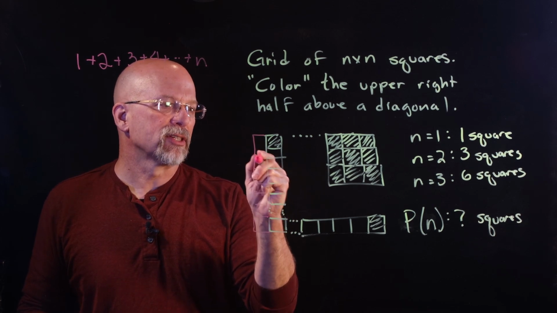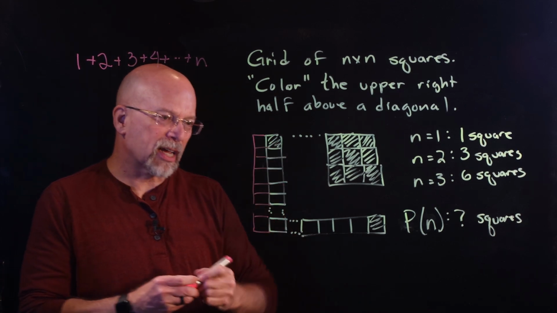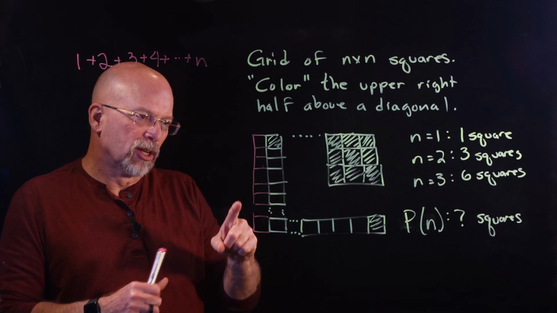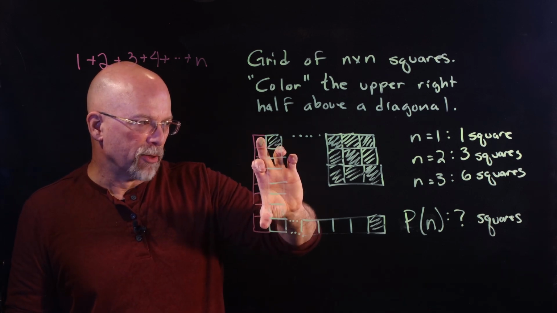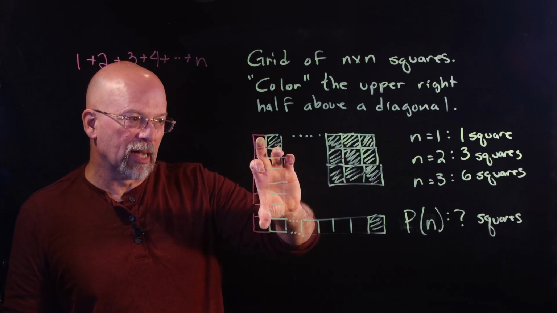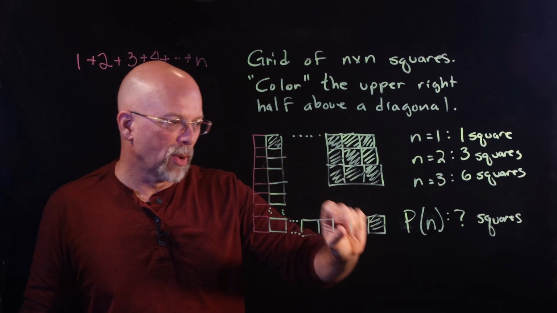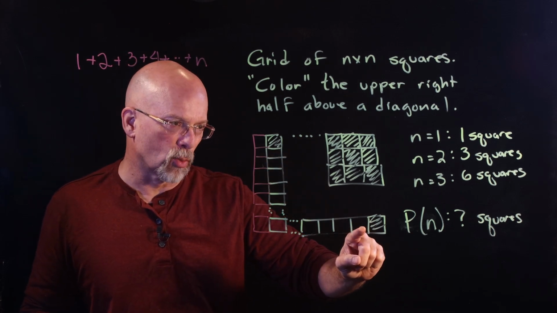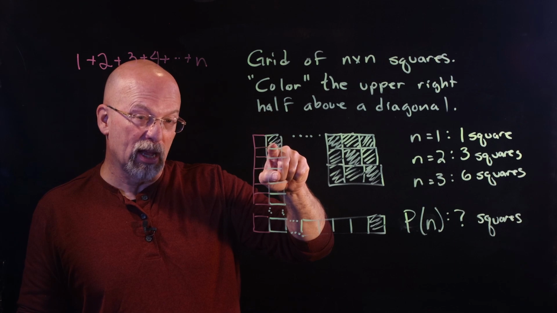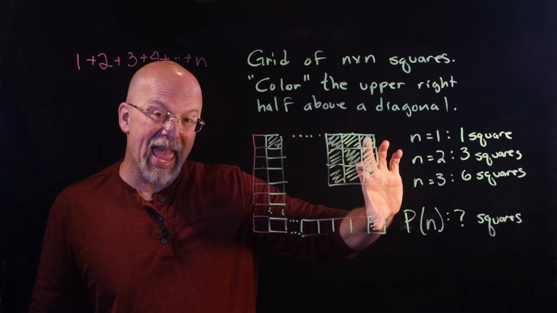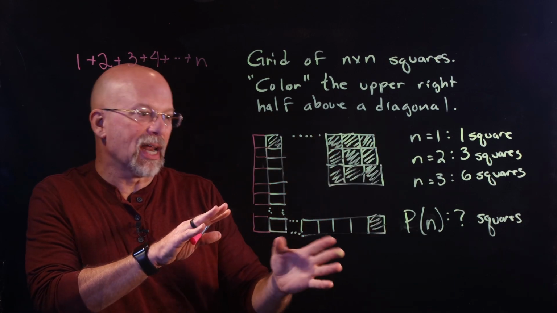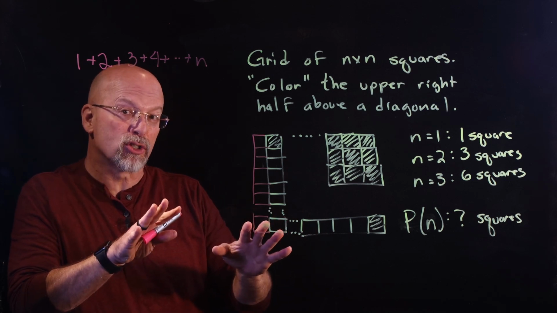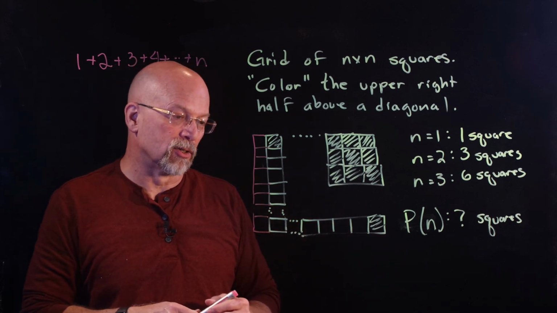And so we've added this additional column, and we're not going to color anything in it. And look at it this way. I have the full n squares uncolored, n minus 1, all the way down until we have 1 uncolored square, just like we have 1 colored square all the way up until n colored squares. So at this point, I've got exactly as many colored squares as I have uncolored squares.